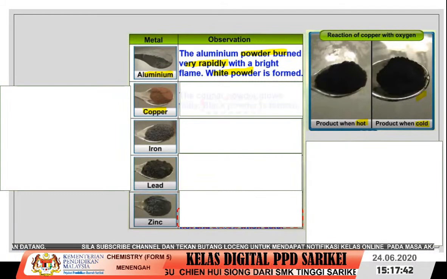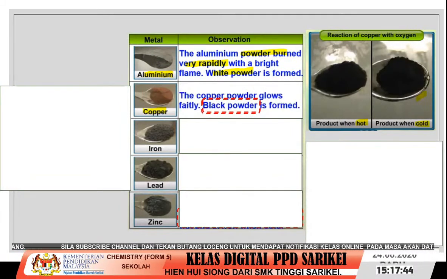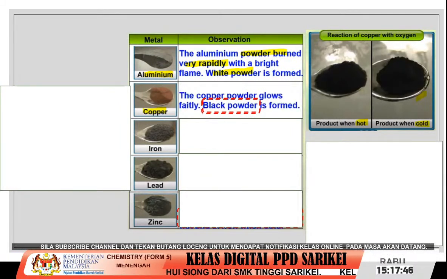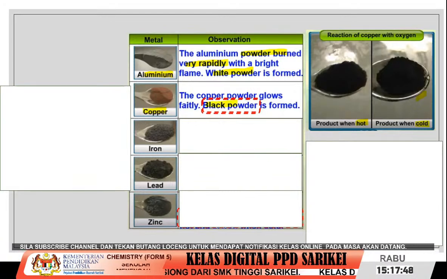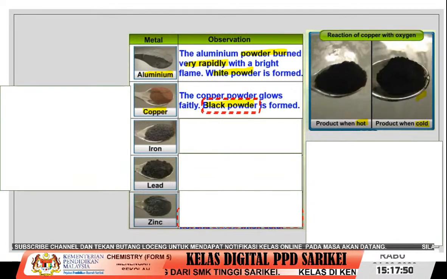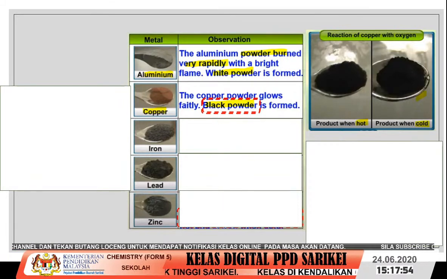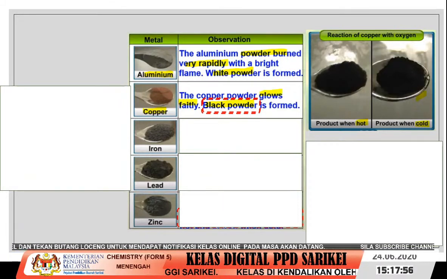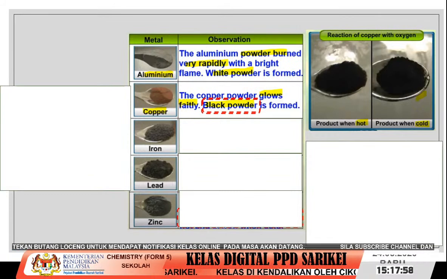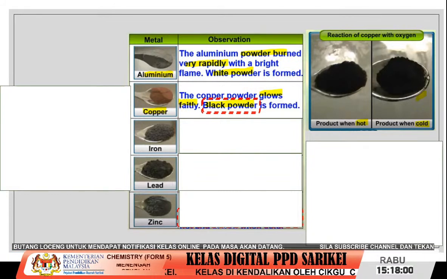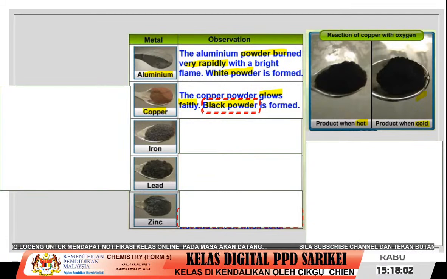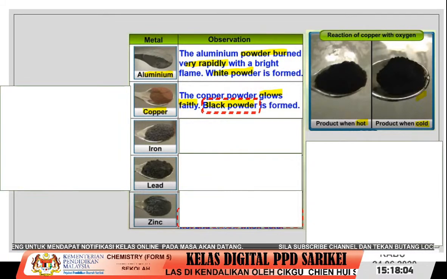This black residue is copper(II) oxide. It's the metal oxide of copper. The copper powder glows faintly, indicating the reaction between copper and oxygen is not very reactive.